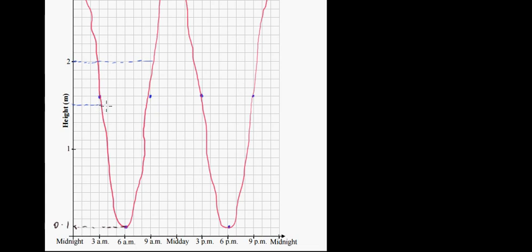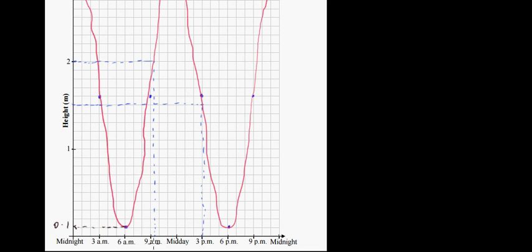So let's go across here to the next point here where it's 1.5, and let's drop it down. So we're going to go down along here. So that's just after 9 a.m. and here we're looking at 3 p.m. So we're looking at 9 a.m. to 3 p.m. or just after 9 a.m. to 3 p.m. So it's 1, 2, 3 hours.